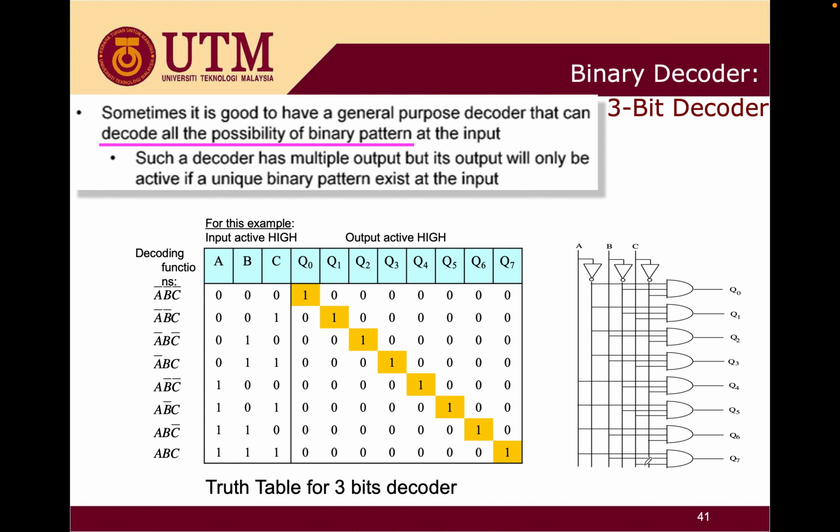Okay, binary decoder example number 1 is for 3 bits. Later on, we're going to look into the 4-bit decoder.